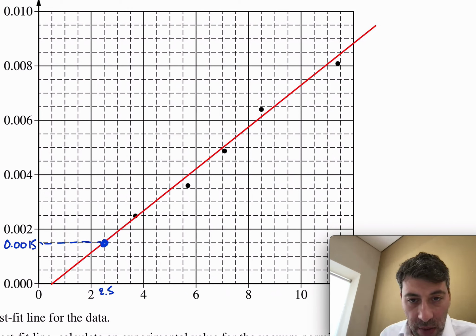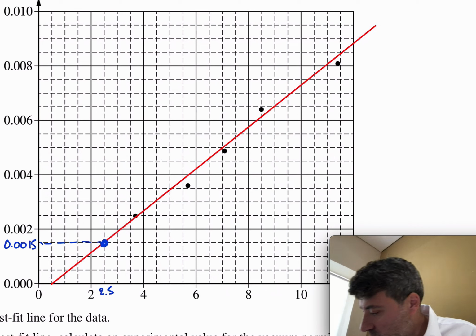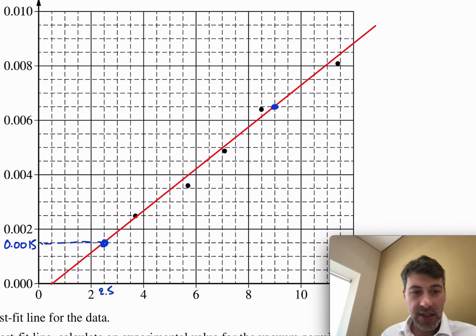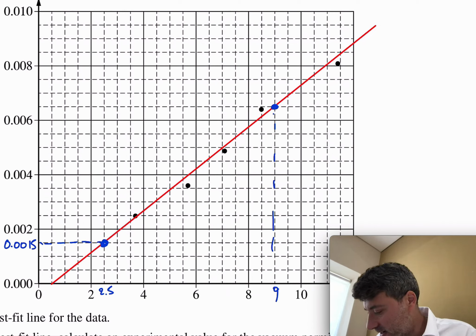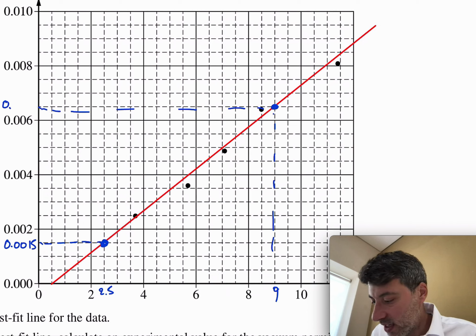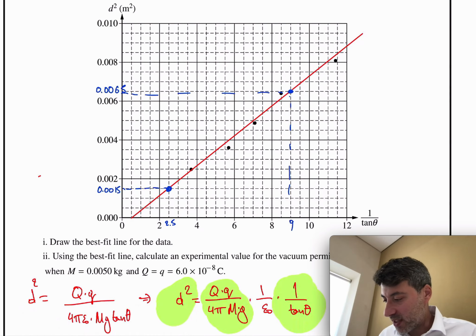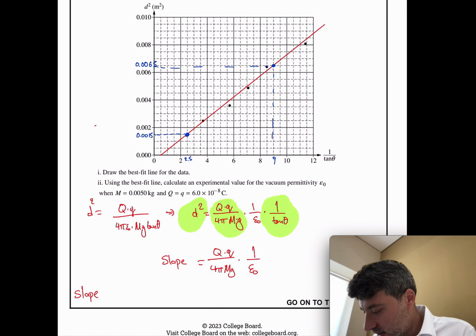And we need one more point. Now, one point that I see is this point, where the value for the horizontal axis is 9, and the value for the vertical axis is 0.0065.